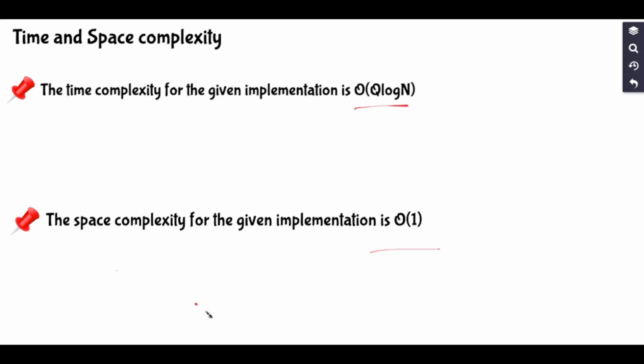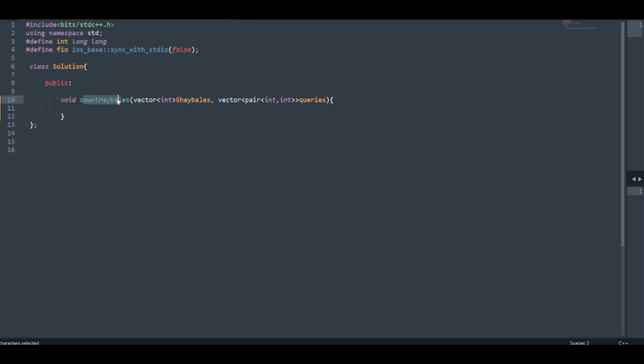Let's jump to the code implementation part. So this is the solution class. We have this countHaybales function, which takes in these Haybales and the queries. We find the size of the Haybales that we have, the number of queries, and iterate over the queries.